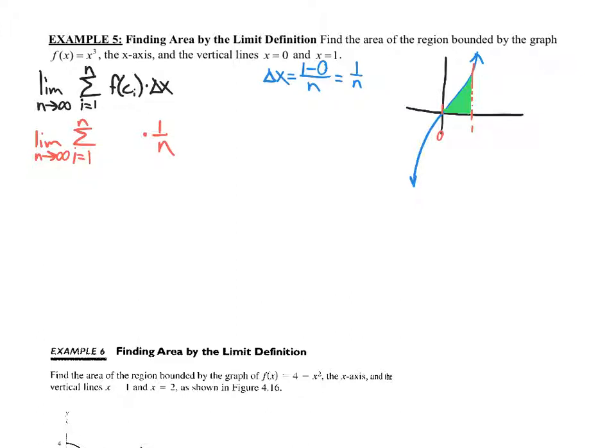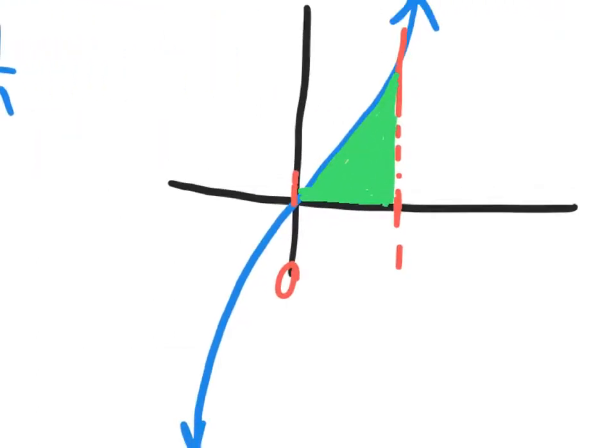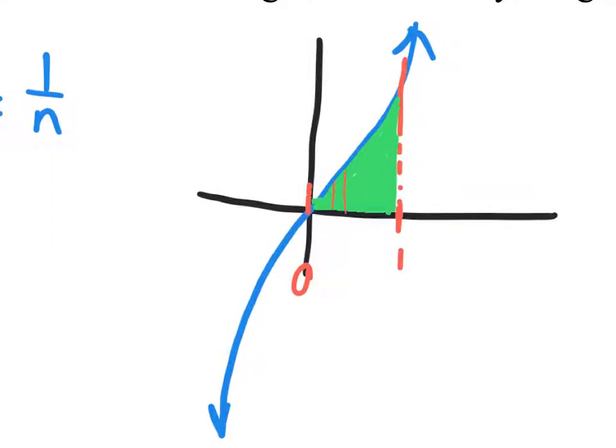Now the f of c part, we need to find a particular x value in the ith subinterval. So we have all these subintervals and so on. We don't know how many there are, but what we could do is make the x coordinate just be i divided by however many rectangles we have, and that'll be different as it goes on.